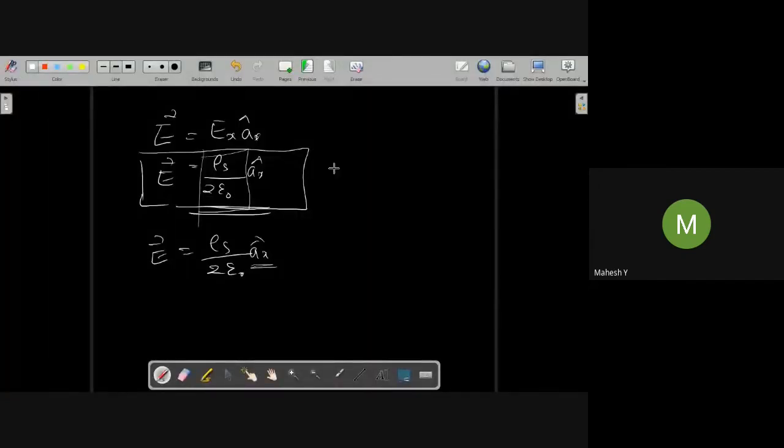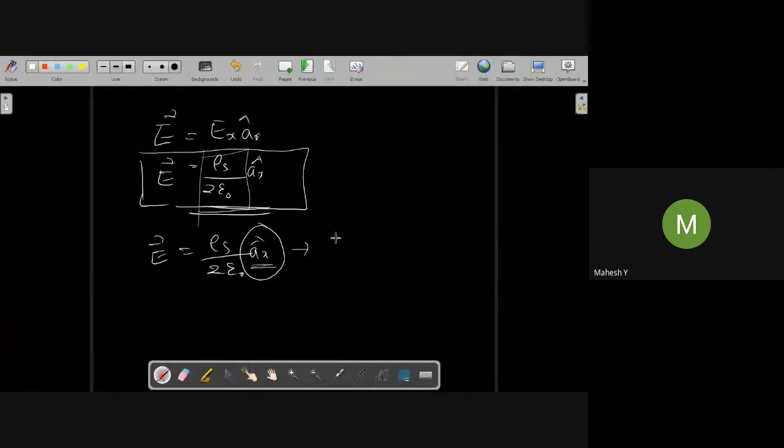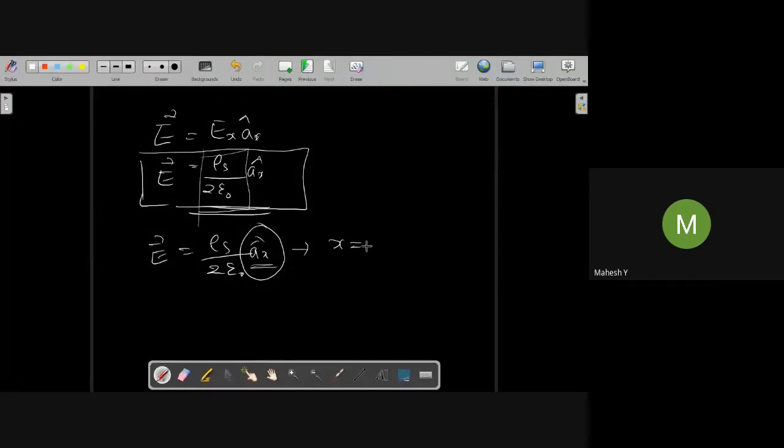So if the plane is y equal to 0, the electric field intensity will depend on the plane. Here ax cap came because, what is the reason? Because we took the sheet in x is equal to 0 plane, or along y axis, or parallel to y axis, right? If y is equal to 0 plane is used, what is the direction of electric field intensity?